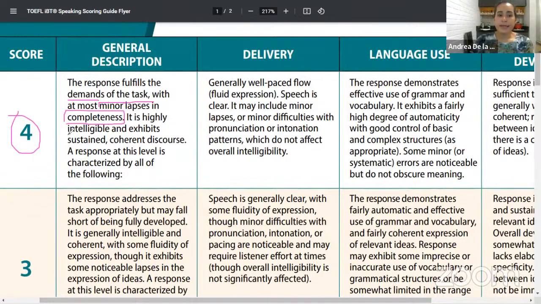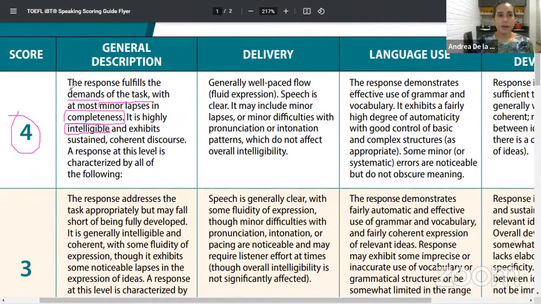Then they say it is highly intelligible, which basically means it's easy to understand, not in the content way, but you can basically understand what the candidate is saying. So that's what I told you about delivery, right? It should be easy to understand, easy to follow. It shouldn't be tiring.